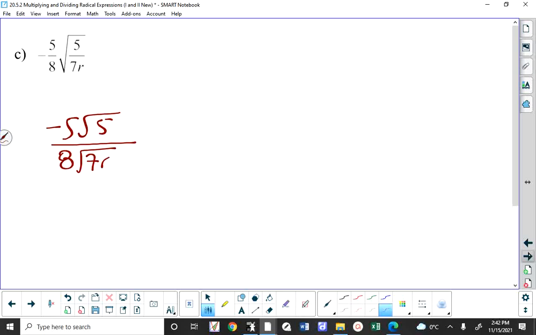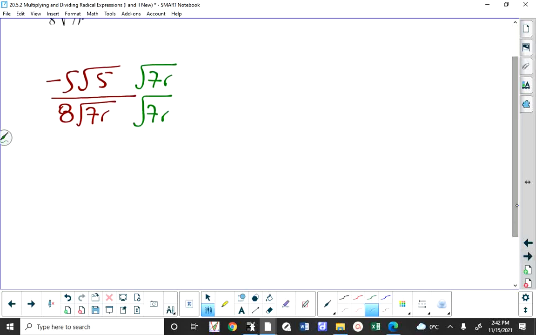The coefficient of 5 over 8 doesn't reduce. The radical fraction of root 5 over root 7r doesn't reduce, but we got a root in the bottom. So I have to multiply top and bottom by root 7r. Notice, by the way, I don't include the 8. You could, it'd just make more work for you though.